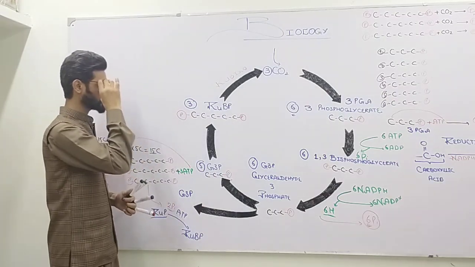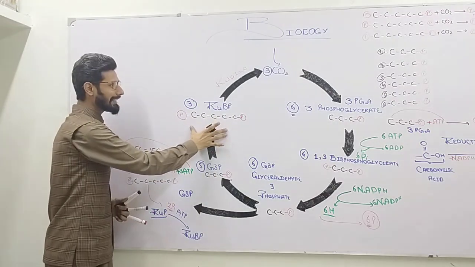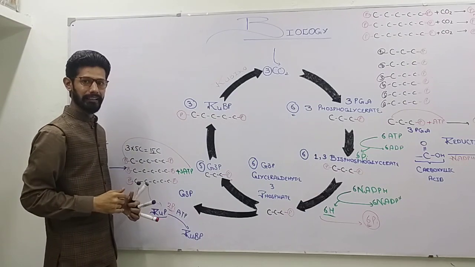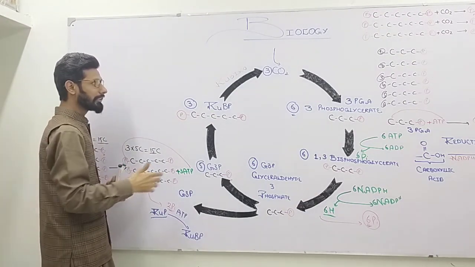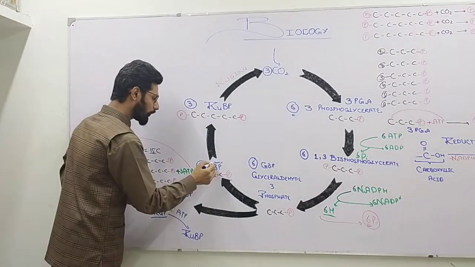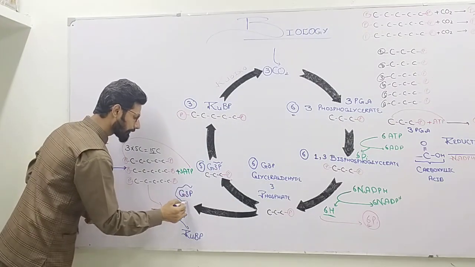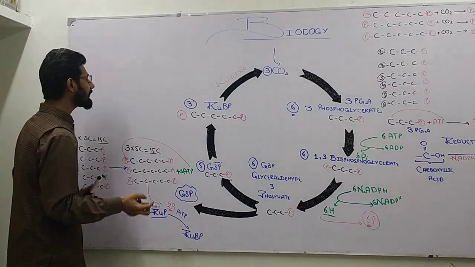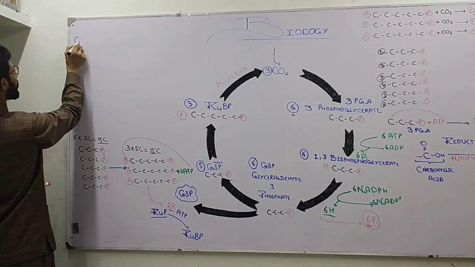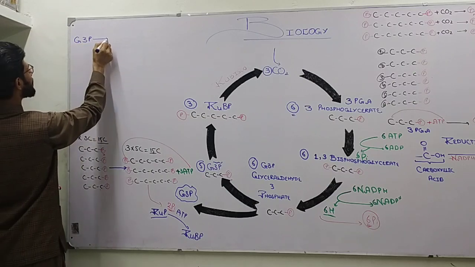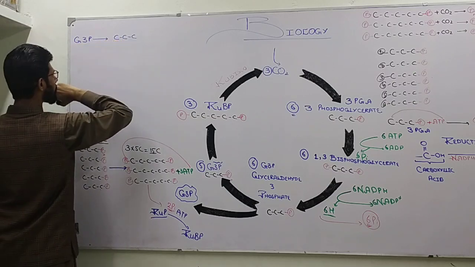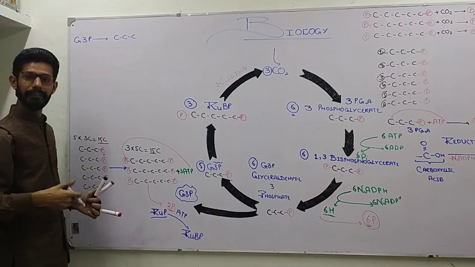So that is all about this cycle. If you note, there is the formation of G3P, which is a triose. G3P contains 3 carbons, as it is a triose sugar.